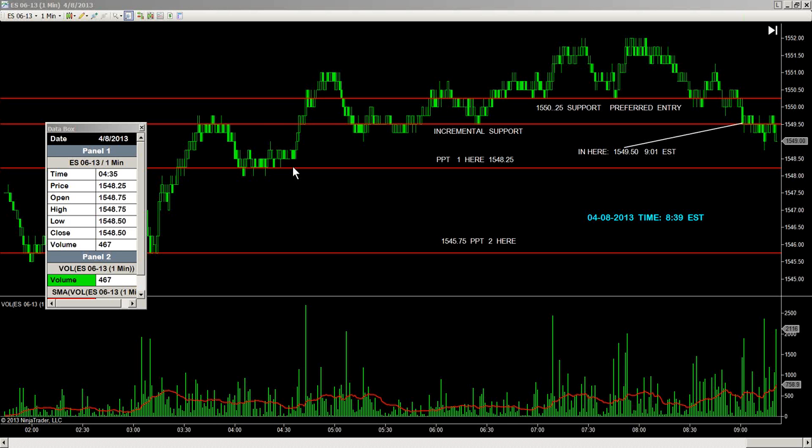Right now, you're looking at a 1-minute chart of the S&P E-mini futures, and we are in a real-time trade as we speak, in here at 1549.50 at 9:01 a.m. Eastern.